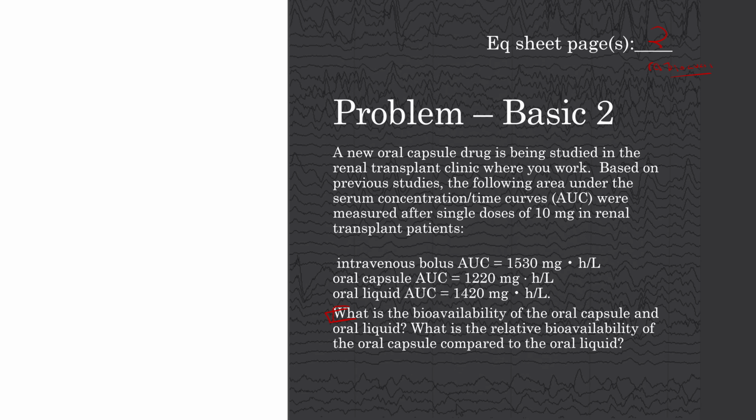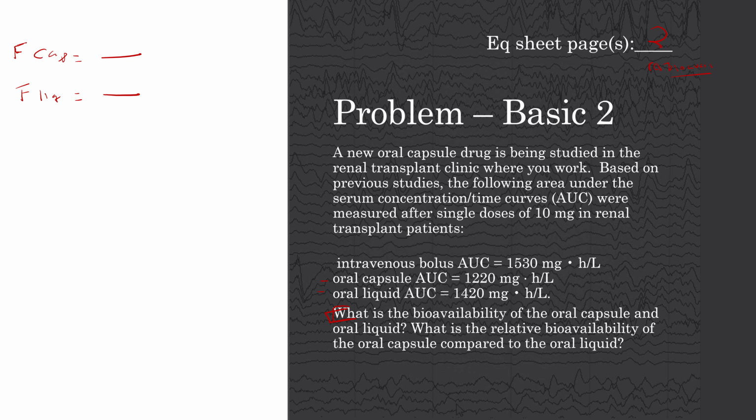We are going to do each of these, the oral capsule and the oral liquid. I'll call it F for bioavailability. We need to do that basic fraction. What always goes on the bottom is always the IV for these scenarios where you want to figure out the true bioavailability.